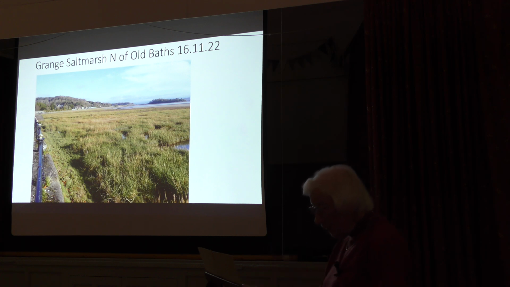And that marsh was about 590 metres wide at its widest, and by a year ago it was reduced to 140 metres. So in other words, there was only 24% of the width of that marsh left by 2022.